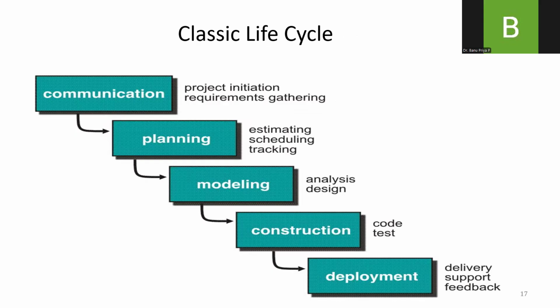Once the planning is done, we have to start modeling. The modeling or the analysis design is very important in order to understand what the customer has told. Also, after the design is made, we can communicate that again to the customer. Then the code construction will start, coding and testing will be happening. Finally, we will deliver the product to the customer, that is deployment.